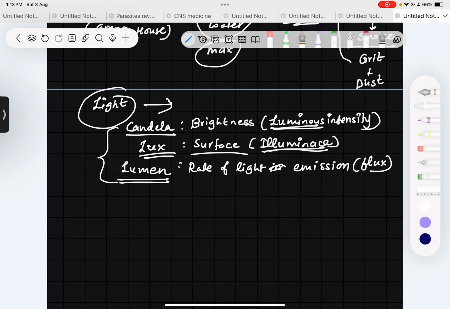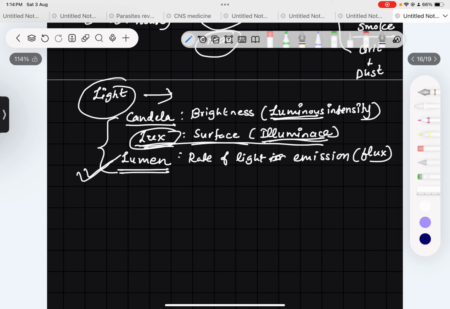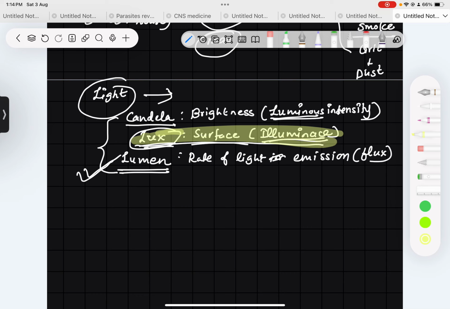The second thing is the rate at which light is coming from the source. That light emission is known as flux, and the unit is lumen. And the third, how much light is on the surface: illuminance, measured in lux. This one you can remember easily, lux, surface and illuminance. But the difficult part is lumen, the rate of light emission, also known as flux. So remember that flux and lux don't go together. Flux is lumen.